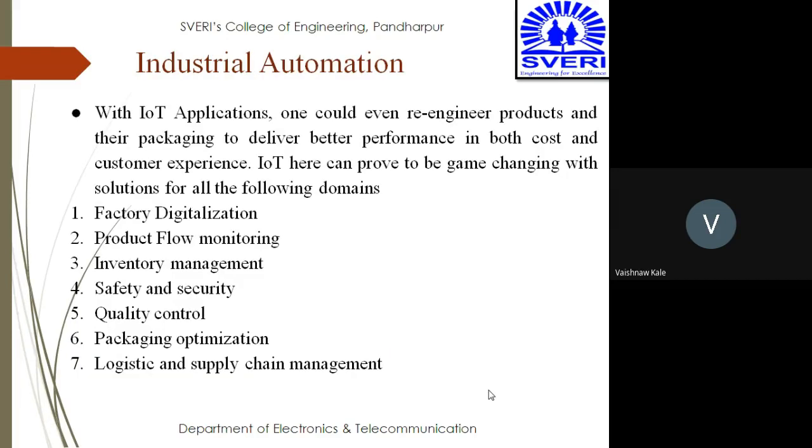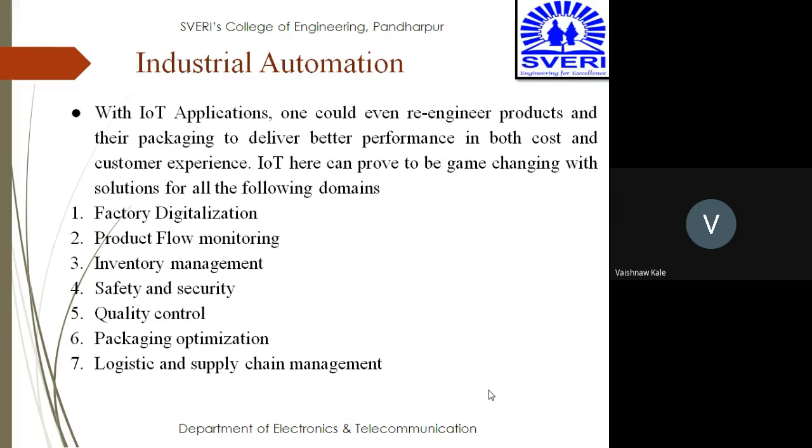Then comes industrial automation. With IoT applications, one could even re-engineer the products and the packaging to deliver better performance in both cost as well as customer experience. So accordingly, industry is now moving from Industry 3.0 to 4.0. Obviously, there will be a lot of changes happening around.